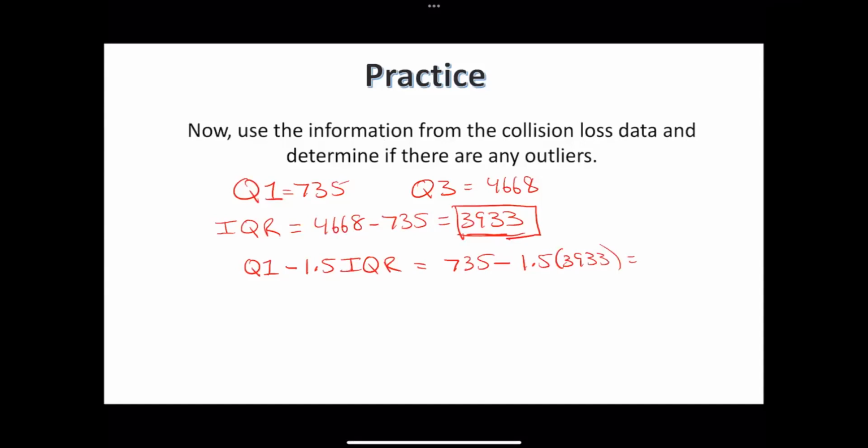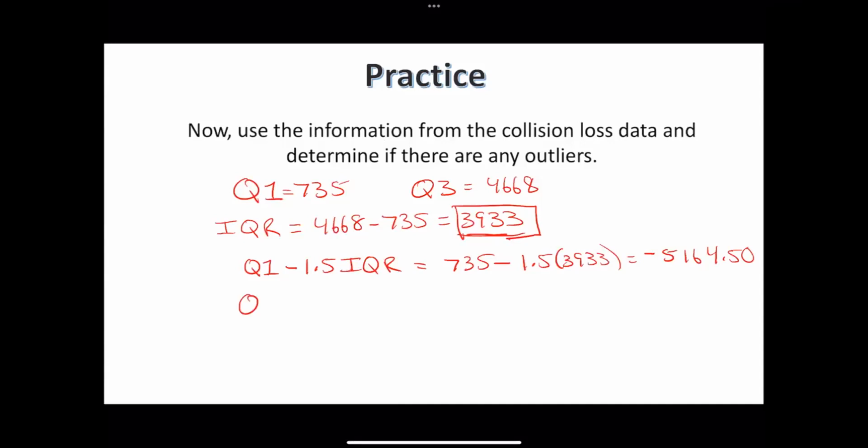It is. So this number doesn't really make sense because the insurance company isn't going to make $5,164.50, but it's okay. Obviously, none of our values are lower than that lower fence, but that's fine. So our lower fence is negative 5,164.5.